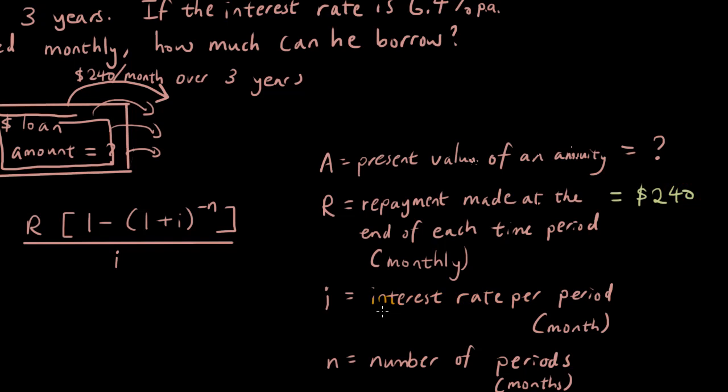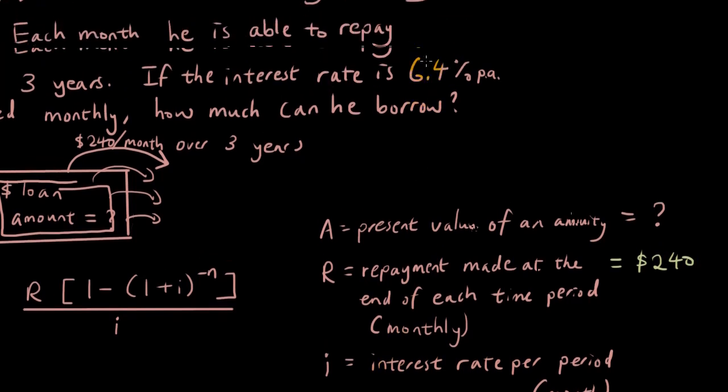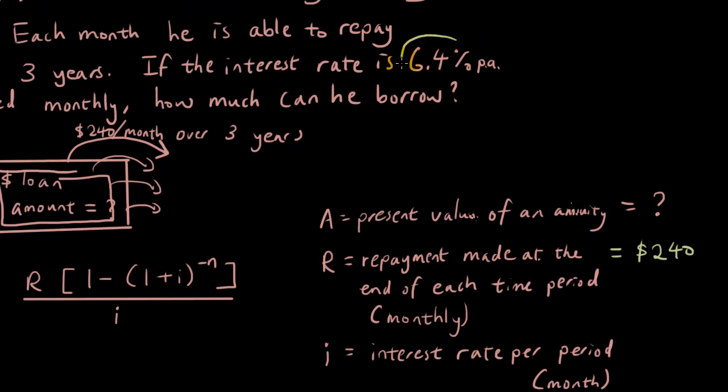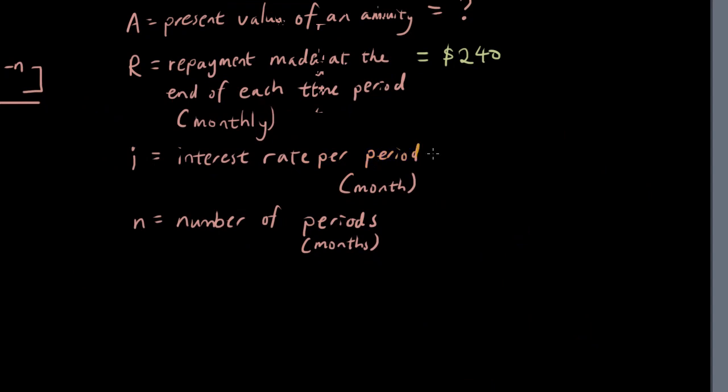Okay, now we have interest rate per period. Now, in the question, the interest rate is 6.4% per annum. So let's write that down. 6.4% per annum. Now, we want that in per period, so per month.